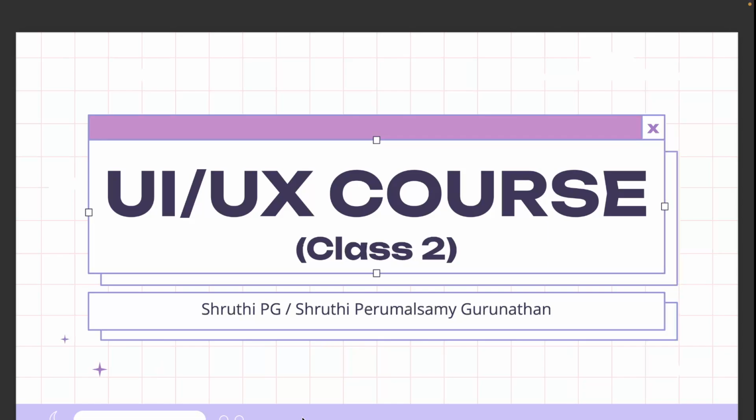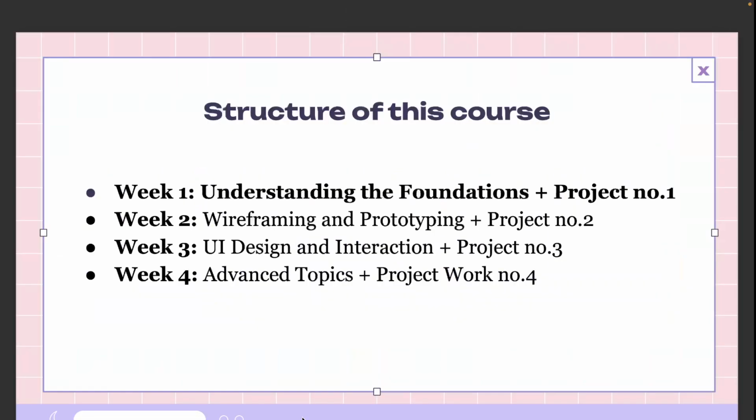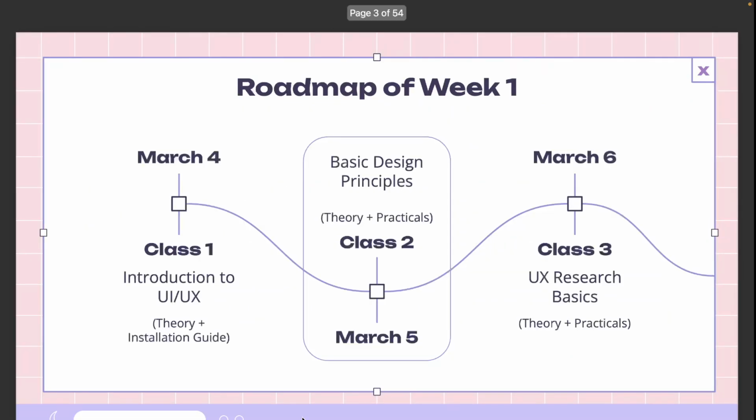Okay, so welcome to class 2. We are still in week 1, understanding the foundations. Today in class 2, we'll see the basic design principles. This class will contain both UI and UX, not just UI alone. When you talk about design, you cannot talk only about how beautiful something looks when you are talking about UI UX.